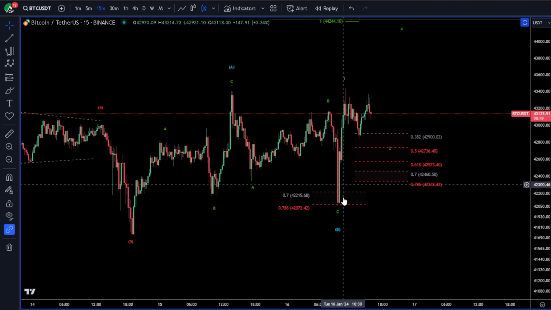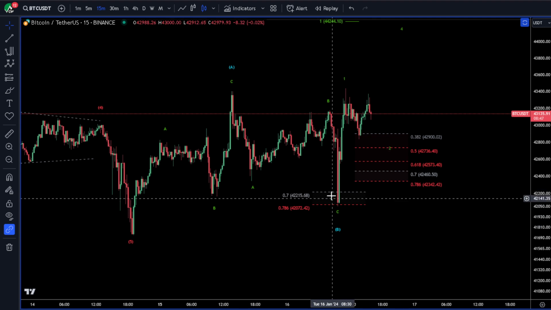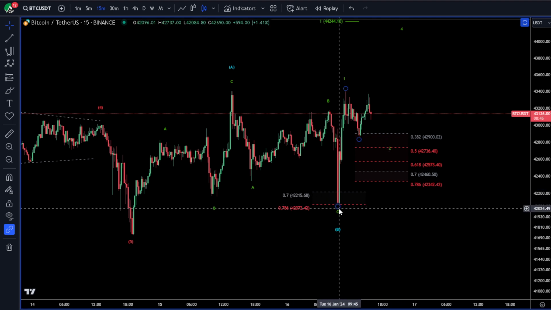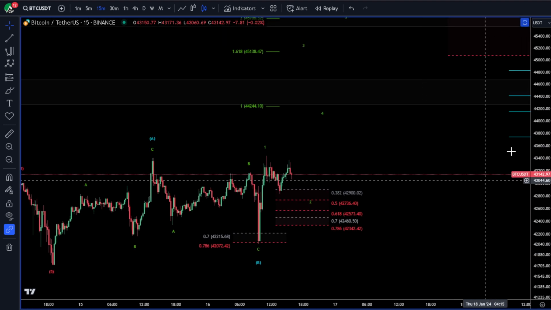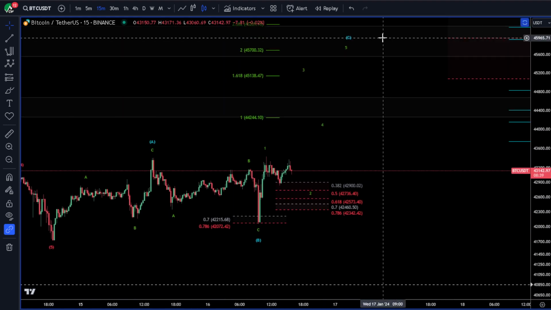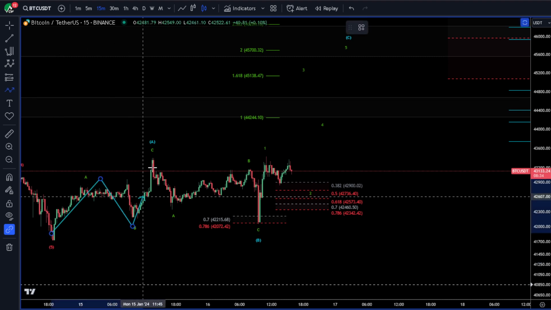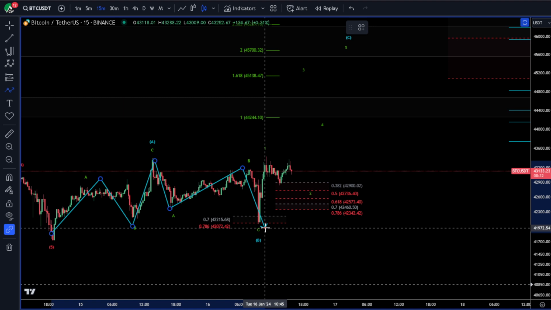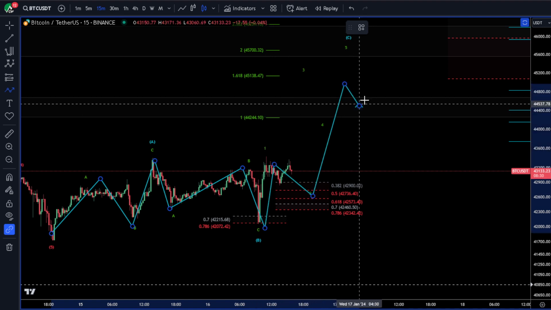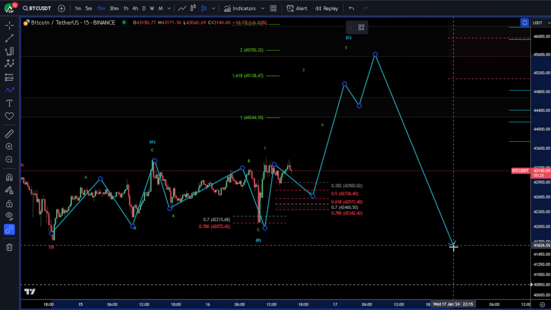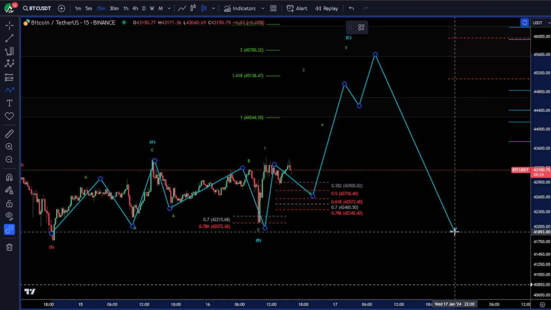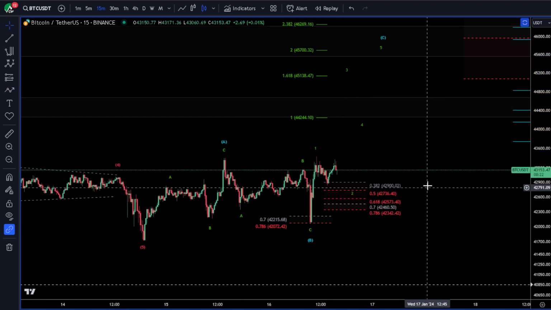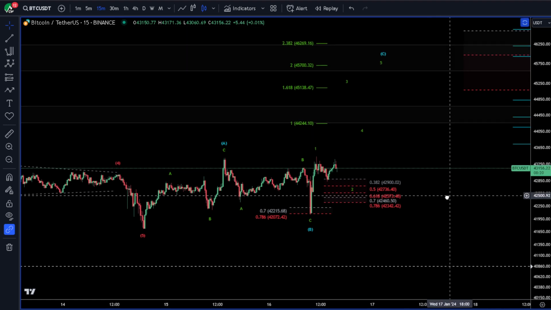We then had a 3-wave zigzag to the downside between the 70 and the 786, which means we're open for getting 5 waves to the upside, which would make this entire correction a flat, a 3-3-5, 5 waves up. In which case we would expect another attempt to continue the trend to the downside. Whether or not we get that is yet to be seen.